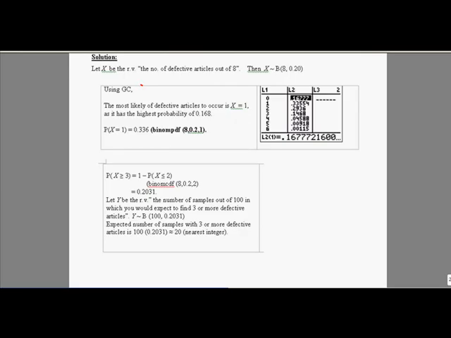We are able to calculate the probability of obtaining 3 or more defective articles in a sample of 8. Now, this is our new probability for Y. Therefore, the expected number of samples with 3 or more defective articles is np, which is 20.